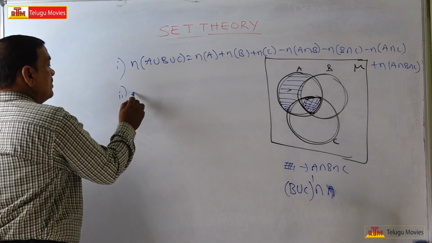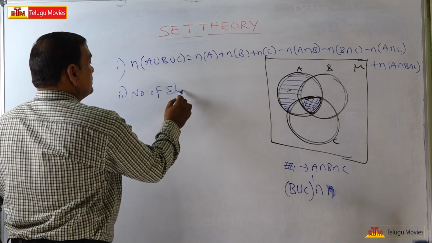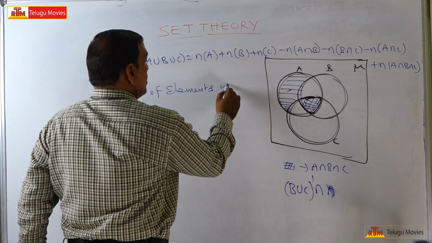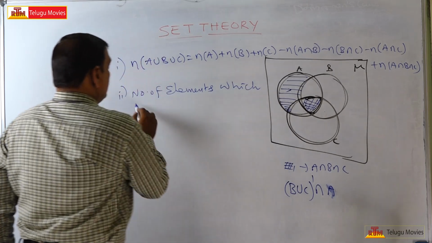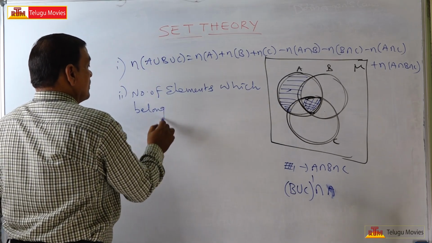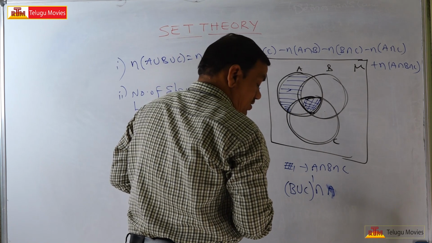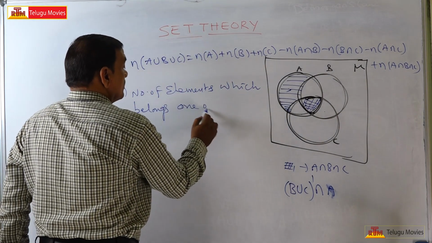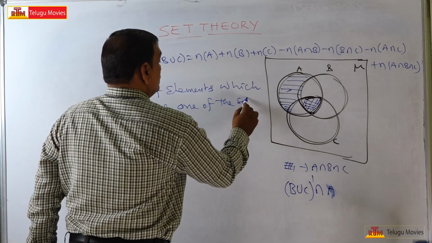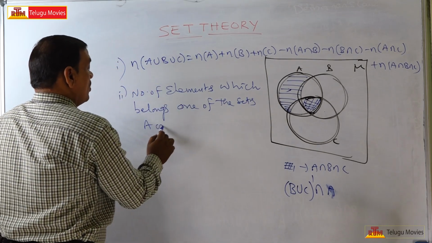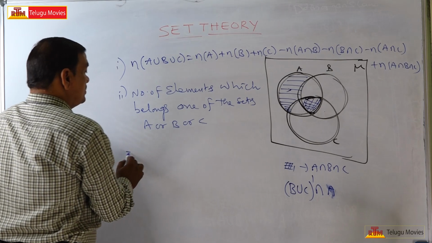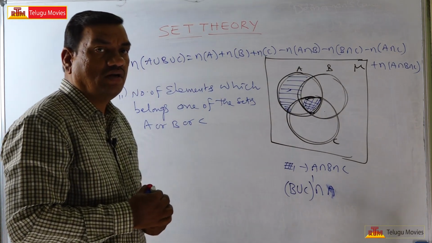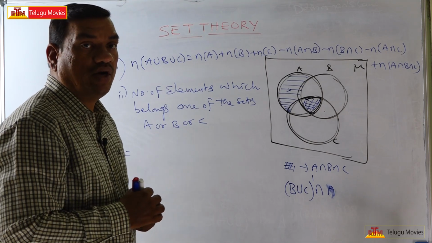The second one: number of elements which belongs to one of the sets A or B or C. This is given by... So these formulas are very, very useful while solving probability problems.